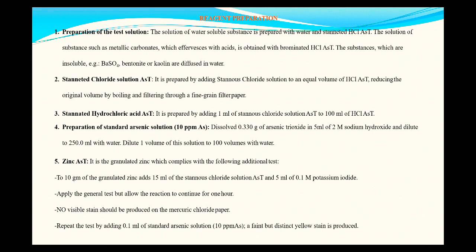Apply the general test but allow the reaction to continue for 1 hour. Okay. Next, no visible stain should be produced on the mercuric chloride paper or mercuric iodide paper. Repeat the test by adding 0.1 ml of standard arsenic solution having strength 10 ppm. A faint but distinct yellow stain is produced, and this is a very important one.